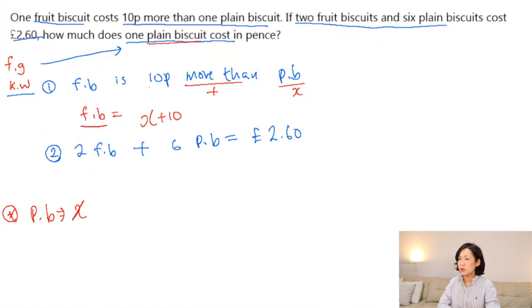Now we've got 2 flute biscuits. Since we know that a flute biscuit is x plus 10, let's put it in here. Have a bracket: 2 times x plus 10, then 6 plain biscuits, which is x. That gives you 260p, right? Let's expand our bracket.